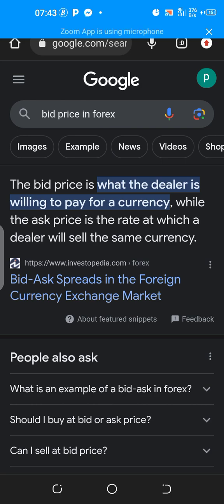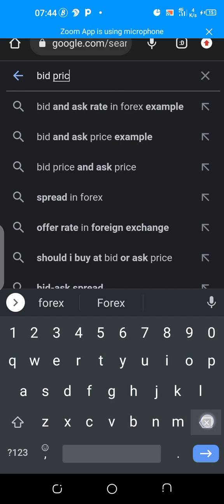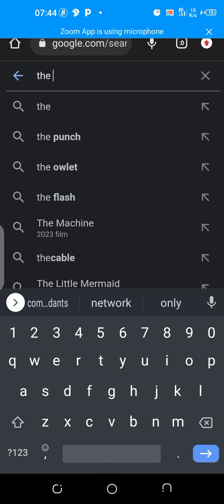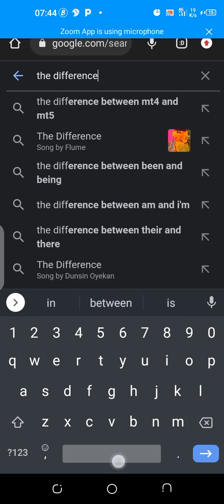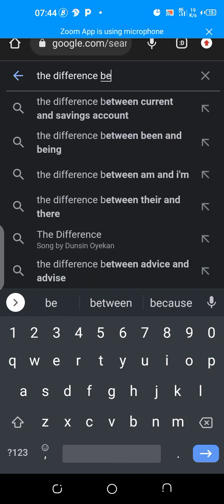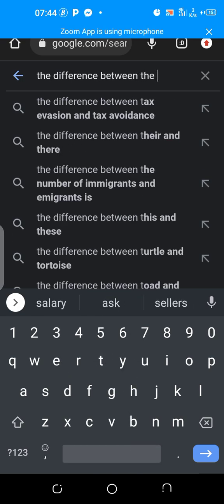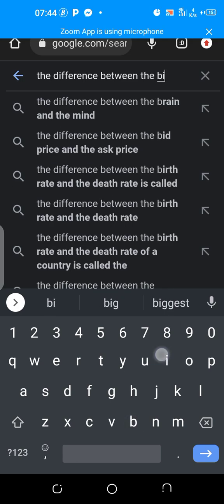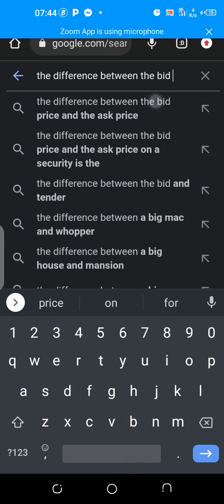That difference is what is also known as the spread between the bid and ask price.